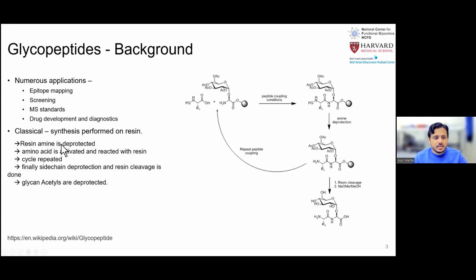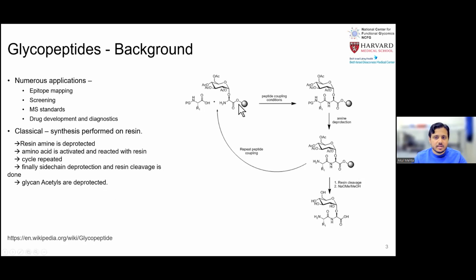So the resin amine is deprotected, and then the amino acid which is to be added is activated and reacted with the resin. This cycle is repeated a number of times to elongate the peptide chain. Finally, the side chains are deprotected, and the peptide is cleaved from the resin.